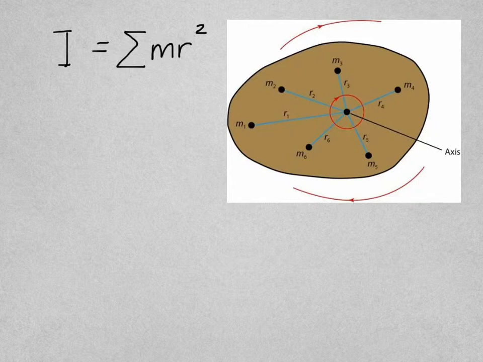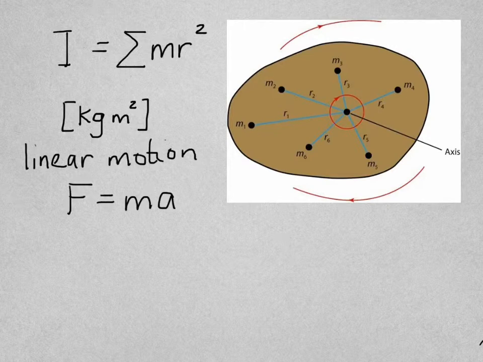In this diagram, which looks a bit like a potato for some reason, we've got lots of masses, M0, M1, M5 and so on, all distributed around a centre of rotation. To work out the moment of inertia, you'd sum all the masses times their distance to the pivot squared. Units of moment of inertia are therefore kilogram meters squared.